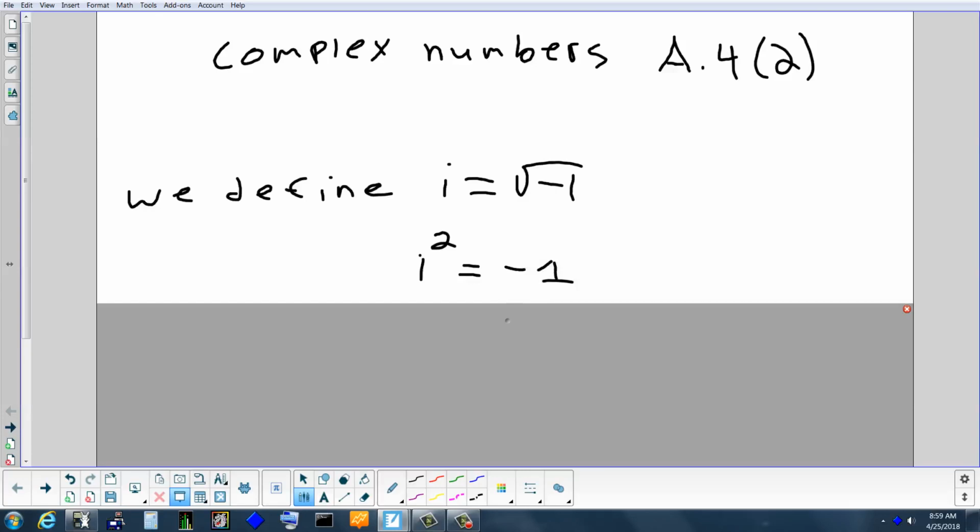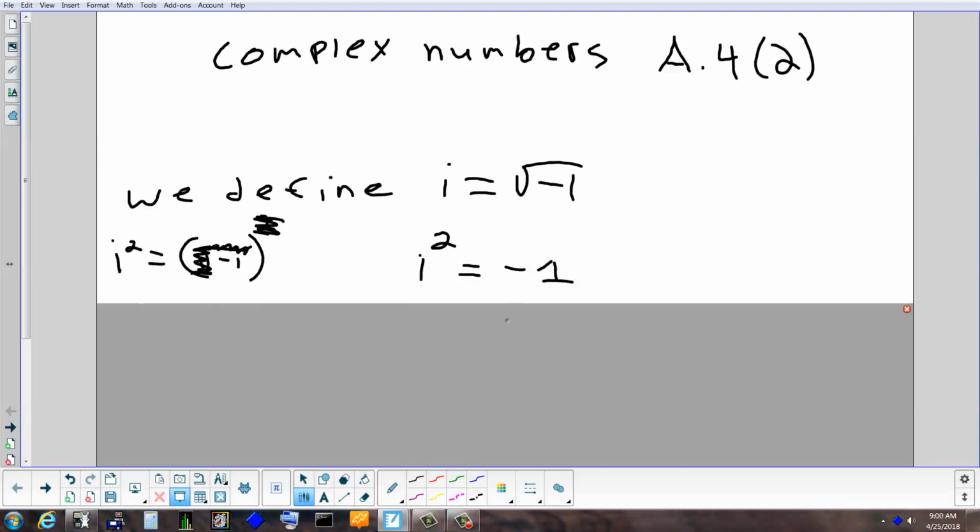Because if you think about it, i is the square root of -1. So i squared means to take the square root of -1, that's i, and square it. Anytime you square and square root something, they cancel each other out, and all that you're left with is whatever the number was under the root. That's why i squared equals -1.